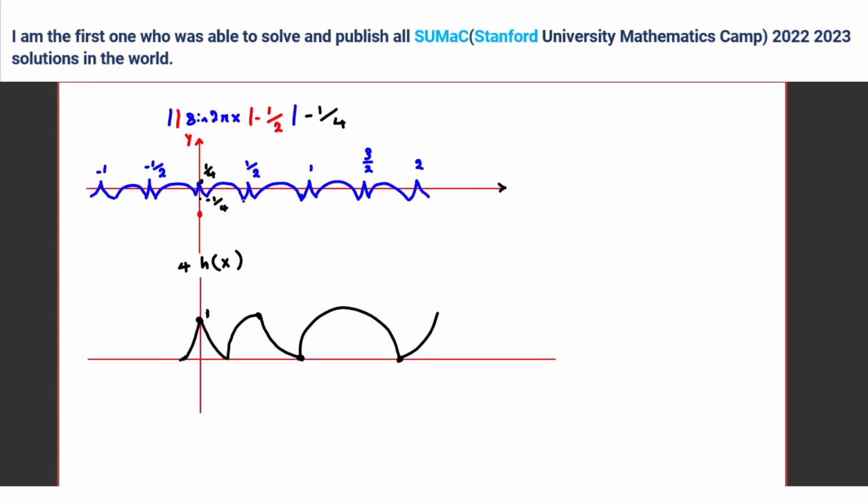Yeah. Then it is like this one, okay. So it would be this, and then again this one, and it will be repeated, right? Yeah. So the x coordinate of this point is what?